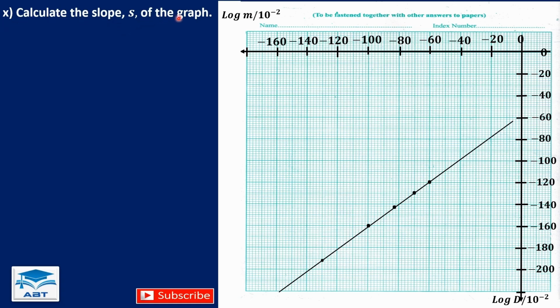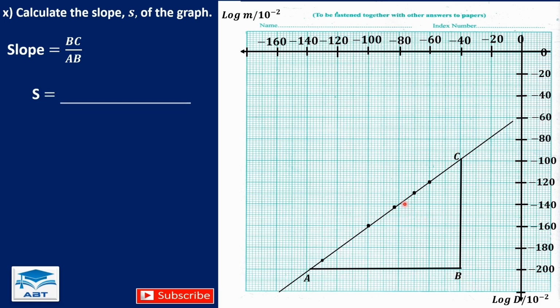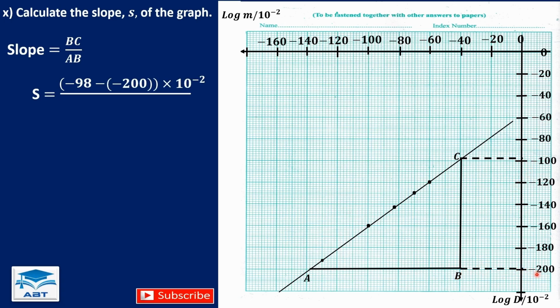Calculate the slope S of the graph. So we draw this horizontal and vertical lines and label it A, B and C. The slope is change in BC over change in AB. For change in BC, we have negative 98 minus negative 200 times 10 exponent negative 2.